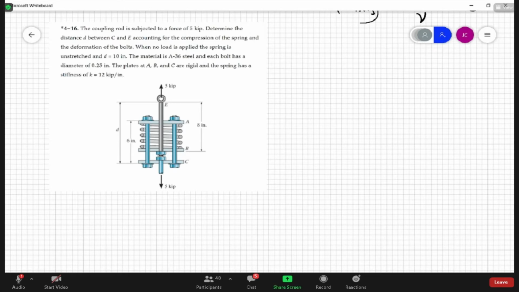All right. So here you have this coupling rod, 5 kips, determine the distance. They want you to find this distance.